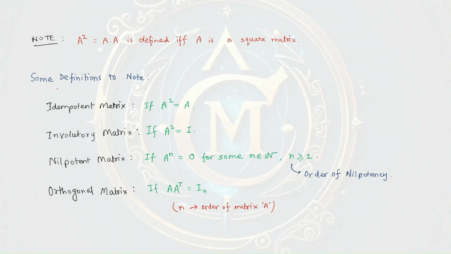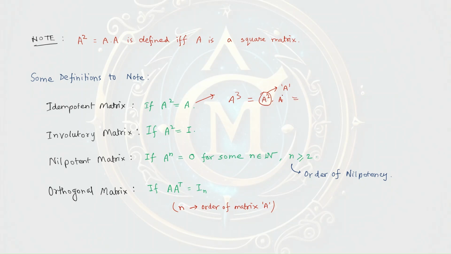Now coming to some important definitions. You have to note these definitions. These are important. So we call a matrix A an idempotent matrix if the square of the matrix A is A itself. That means if we are to calculate A cube, it becomes A square times A. So A square is A as per the definition of idempotent matrix.